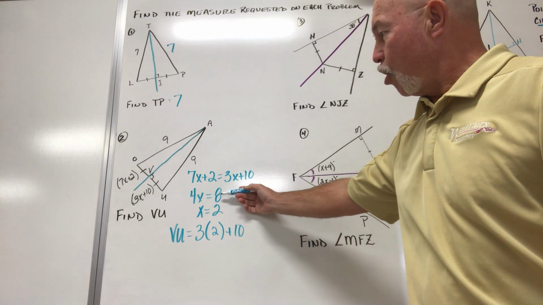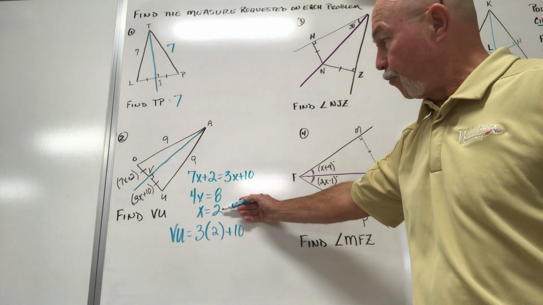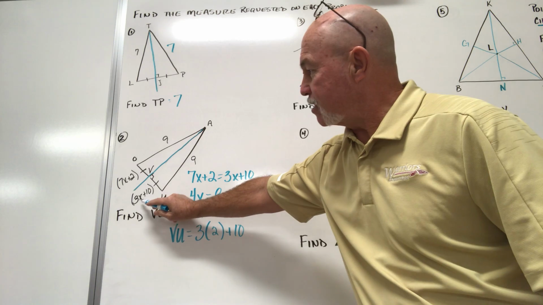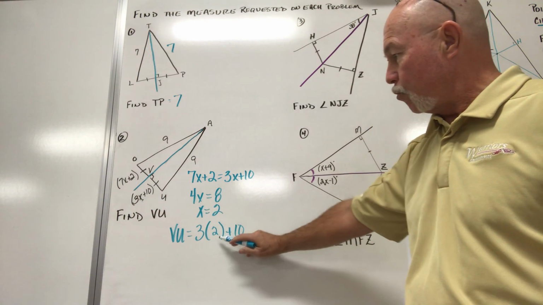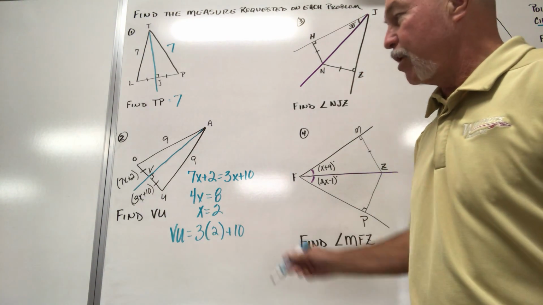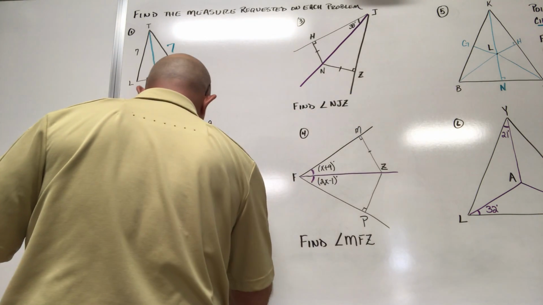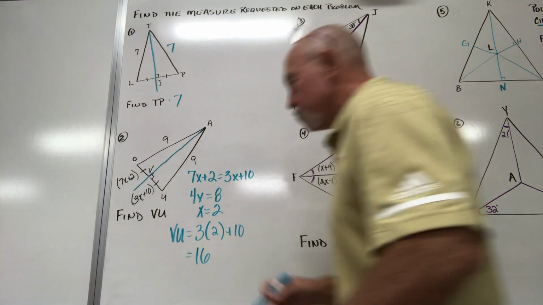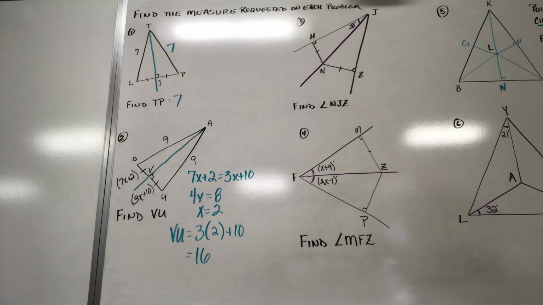Okay, so I solve for x and I find that it's 2. And then I've got to take that and substitute it for that right there, which I'm doing here. 6 plus 10 is 16. Okay, there's that problem.